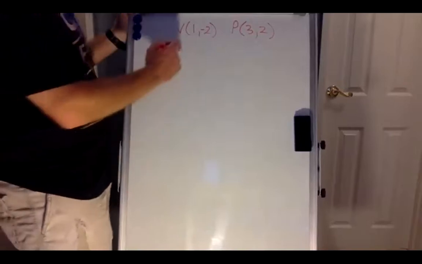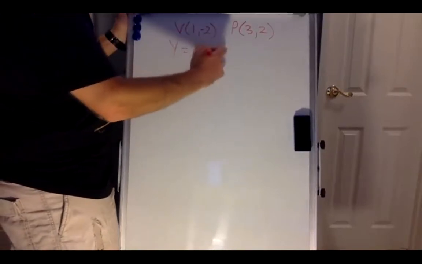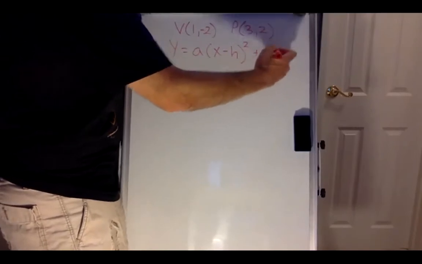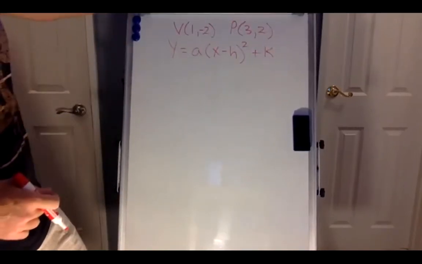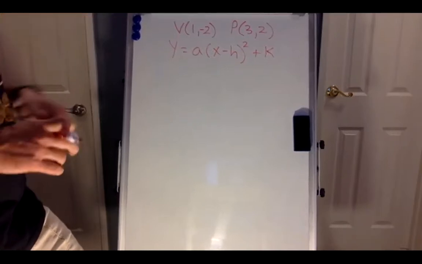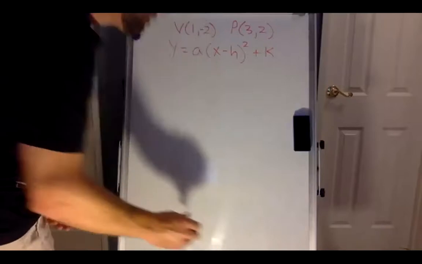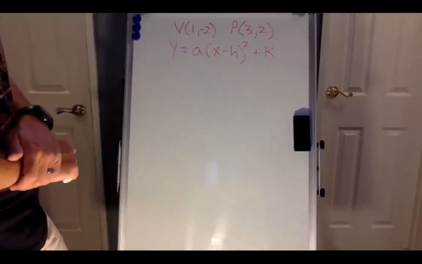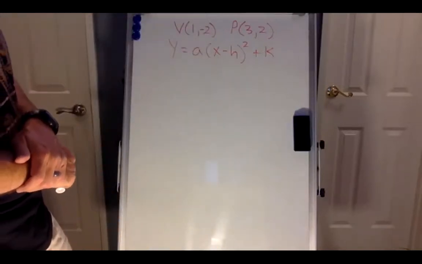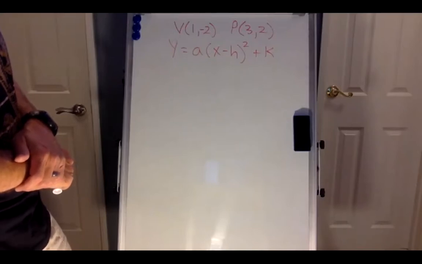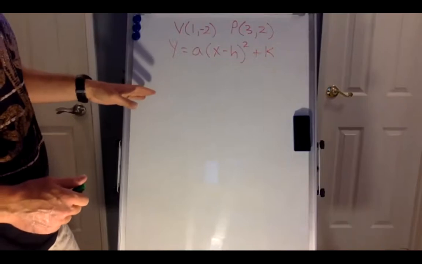Actually, Mr. Oscar, I don't think an A would be necessary, because if you remove the A and you just make it x minus 1 squared minus 2, you plug in 3, you get 2. Say that again. If you plug in 3 for x in x minus 1 squared minus 2 without an A, you would receive 2, as would be expected from the point that they gave you.